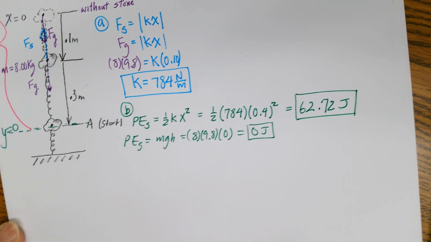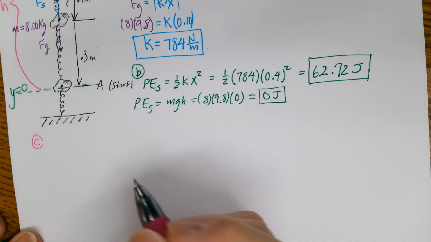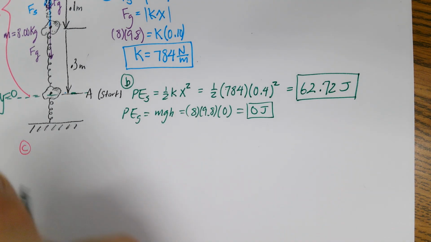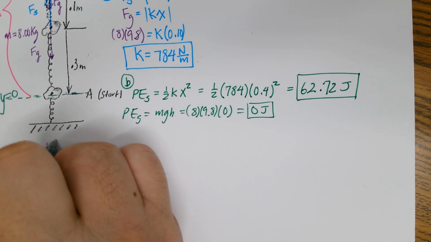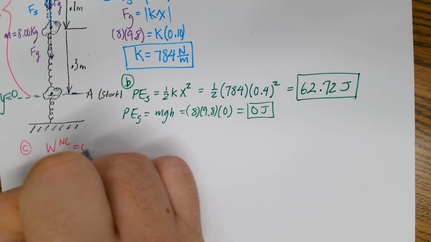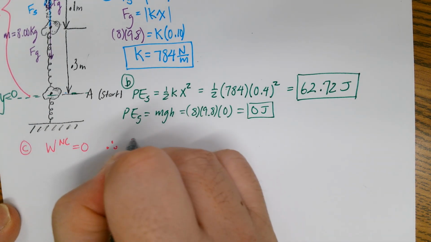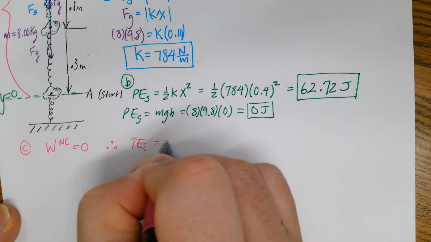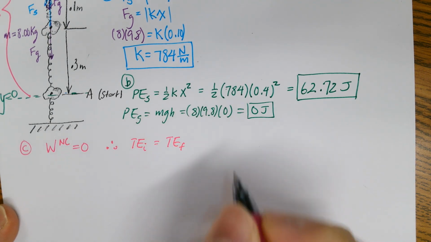For part C, we're going to assume there's no air resistance, so there's no work done by non-conservative force. Therefore, total energy initial is equal to total energy final.